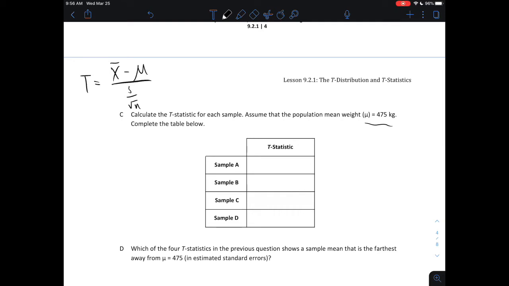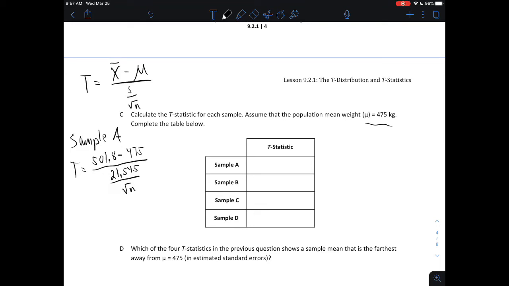So for sample A, you would have t is equal to the mean from sample A, which was 501.8, minus the mean of 475, and then the standard deviation for sample A was 21.545, and that is divided by the square root of n.